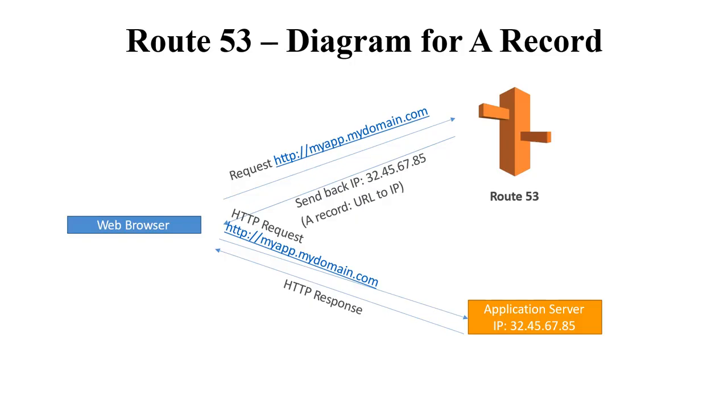So whenever we hit the URL from the browser, our request is not directly submitted to the server. First it submits the request to the DNS service, and the DNS service verifies the mapping records for that domain, and whichever IP address is mapped will be returned back to the client.